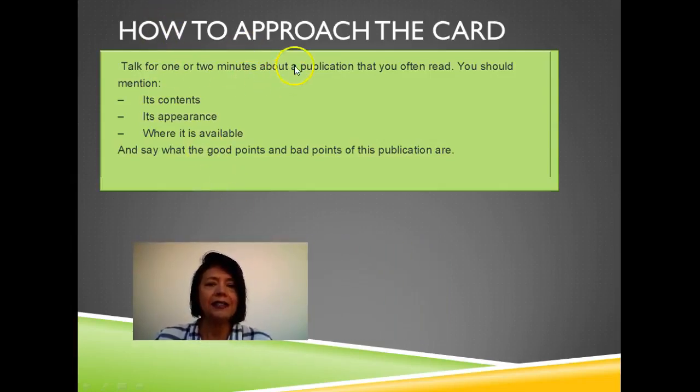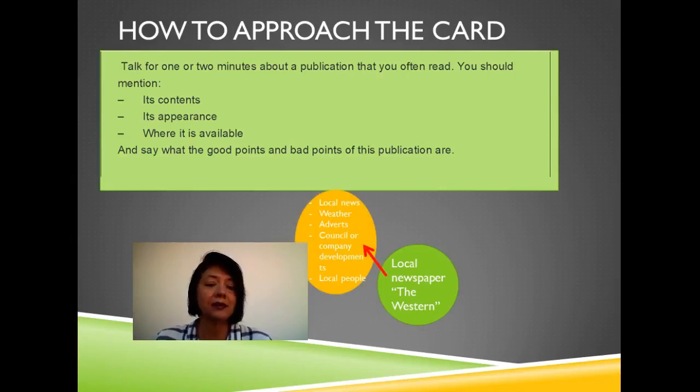It's always introducing the topic first, then there are 3 bullet points here, and then it always finishes with an explanation or giving reasons or opinion. So put the name of the newspaper or the magazine in the middle. Then move to its contents.